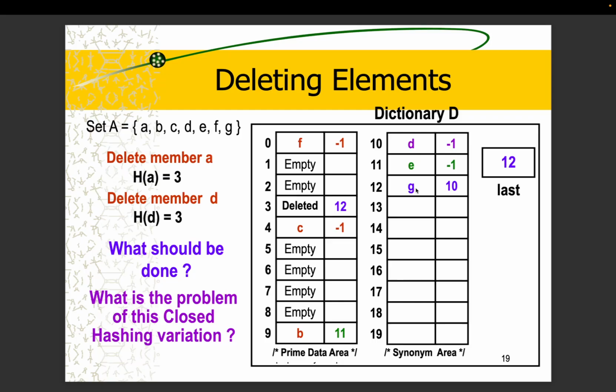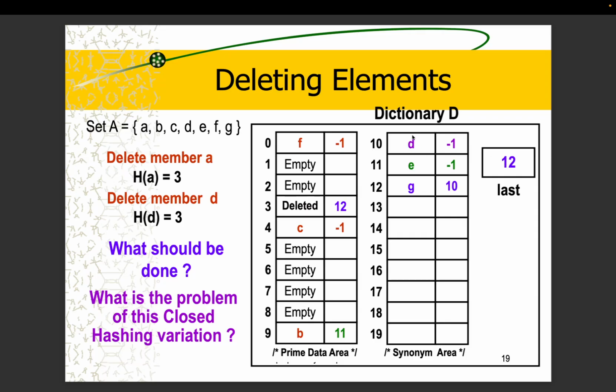So what do we do? If we are to delete D, we simply need to cut it off from the link. So to cut it off, instead of G pointing to 10, let this point to negative 1. So now your list would be A goes to 12, G goes to negative 1, so D is no longer found. I can't update my last.